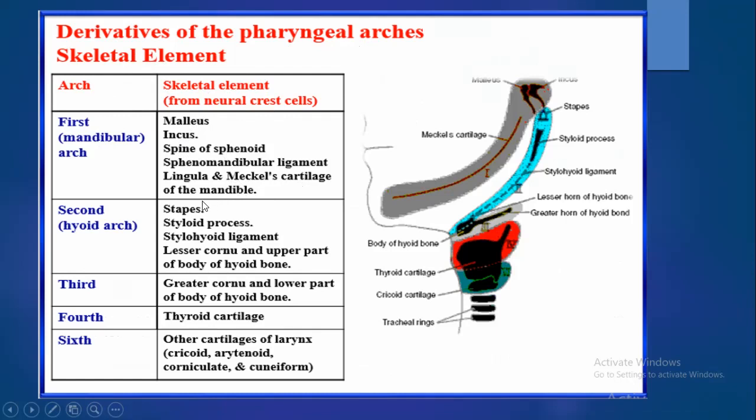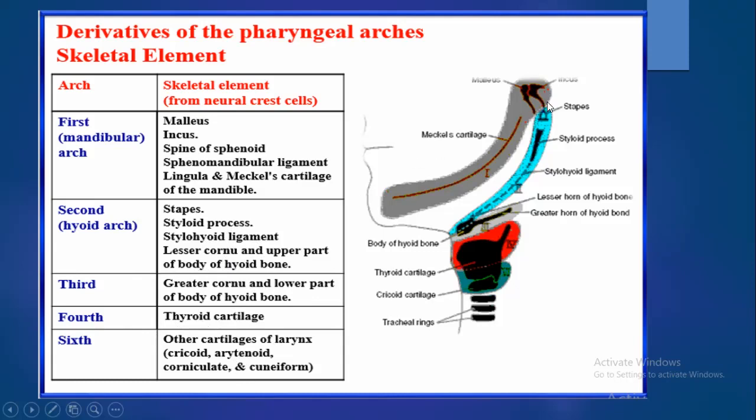The second arch gives the stapes, styloid process, stylohyoid ligament, lesser horn and upper part of the body of the hyoid bone. The third pharyngeal arch gives the greater horn and lower part of the hyoid bone, the fourth gives thyroid cartilage, and the sixth gives the other cartilages of the larynx: cricoid, arytenoid, corniculate, and cuneiform.